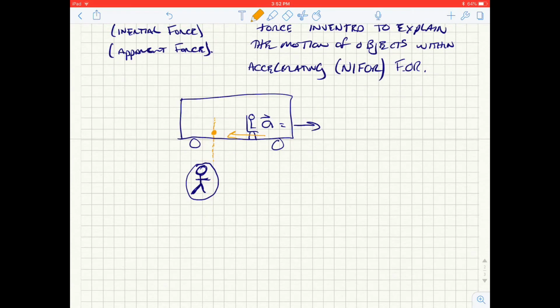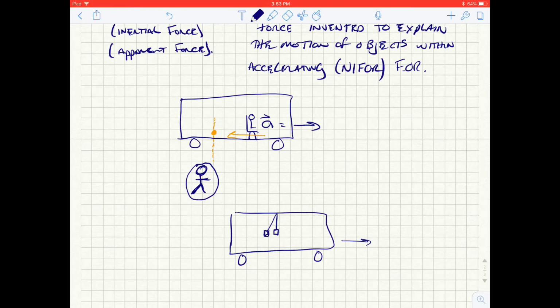Now let's develop this a little bit further and put some math to it. Let's say we have this bus frame of reference again. And from the ceiling of that bus, we have a rubber stopper. As the bus accelerates forward, you can imagine that this cork is going to change its orientation.